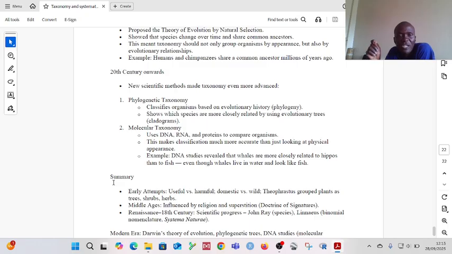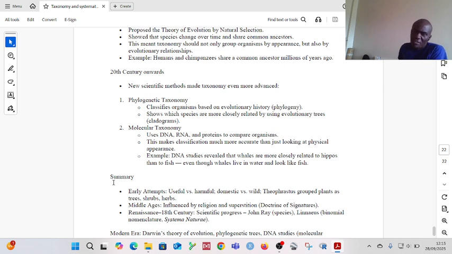So we not only now classify on the basis of function and appearance, but we classify, one, on the basis of evolutionary relationships, and two, on the basis of the molecules, the biological molecules, DNA, RNA, and proteins.